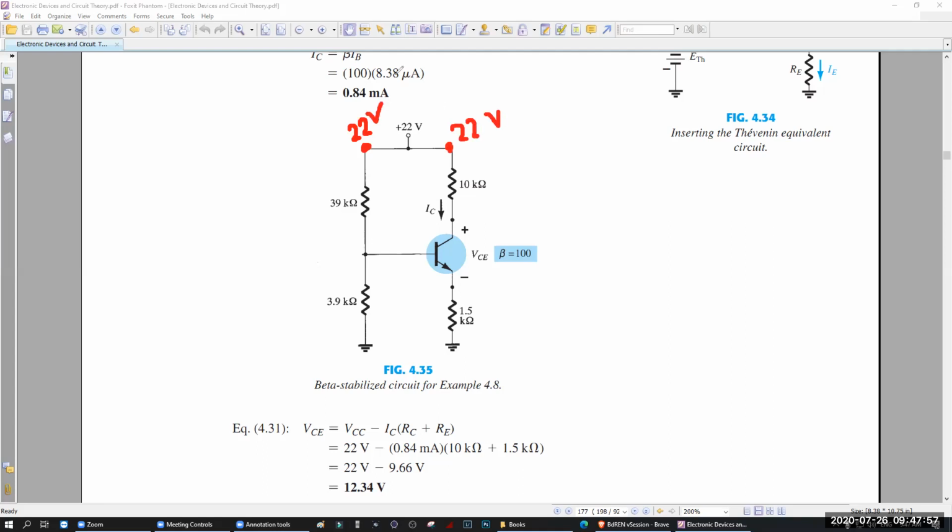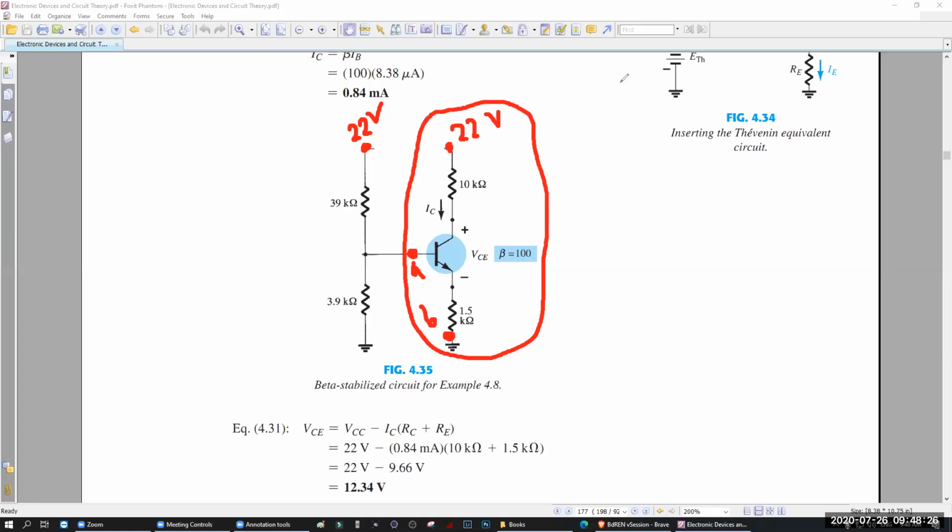So I'm going to delete these because they are separated. Now you can see this part is unchanged. The only thing we have to change is this one. We are calling this thing our load. So this is our point A, this is our point B. Thevenin, right? A and B. So we are going to remove them. How to remove them?